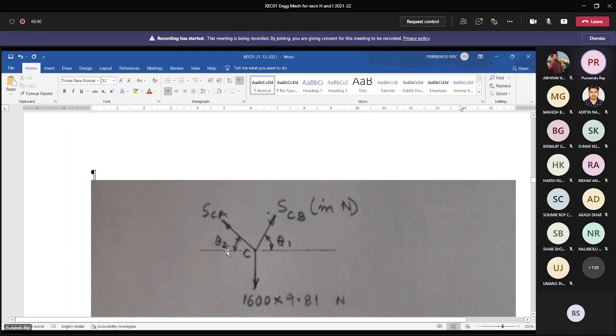After that, for equilibrium, these three forces can form a triangle. Now, what should be the known side? The direction is vertical downward for this given weight, and the length is proportional to 1600 multiplied by 9.81. One thing I should mention: normally from school, to avoid calculation complexity, we assume g as 10 meter per second square.